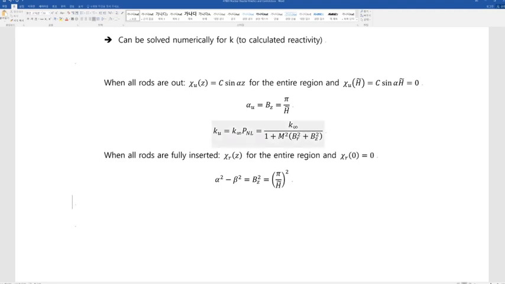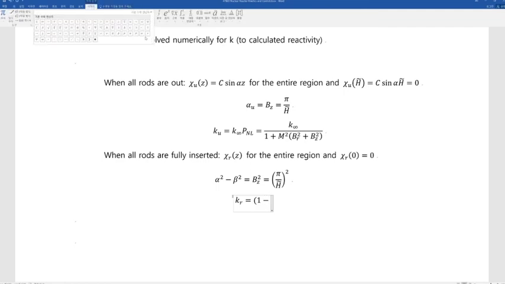And the multiplication factor. When all the control rods are fully inserted, it is going to be 1 minus rho_B, which would be the reactivity worth of the control bank, and the multiplication factor will be reduced by this amount.